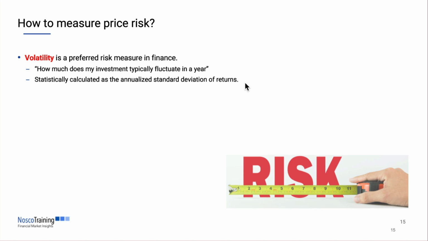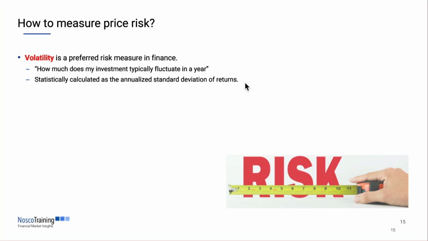Volatility is a risk measure. It tells you how the underlying moves. Actually, it tells you how unstable the underlying price is. And in finance, this is used as the preferred risk measure. I would actually say it's the most pedestrian risk measure. It's a very simple risk measure.